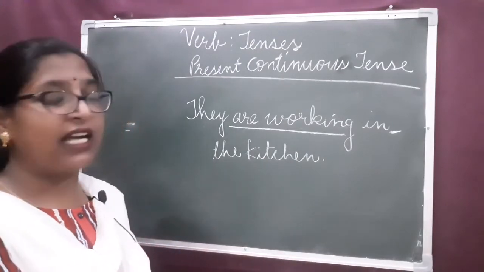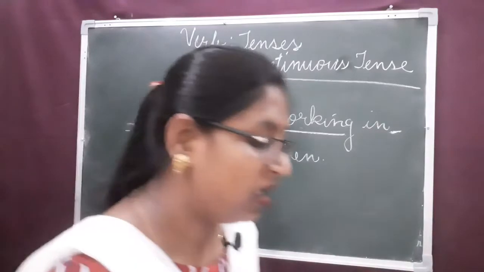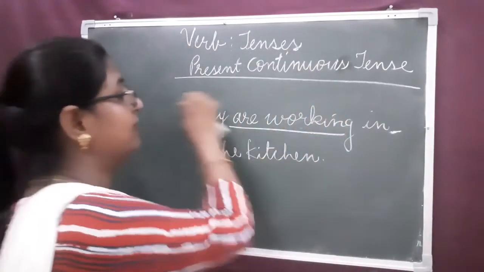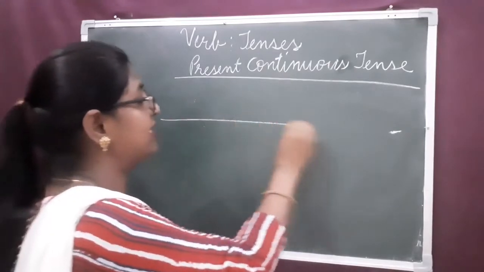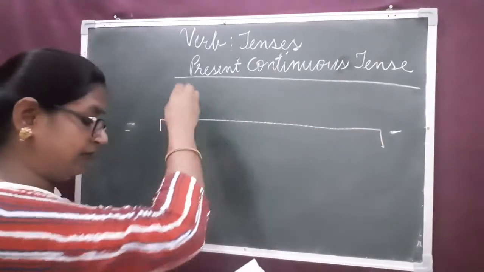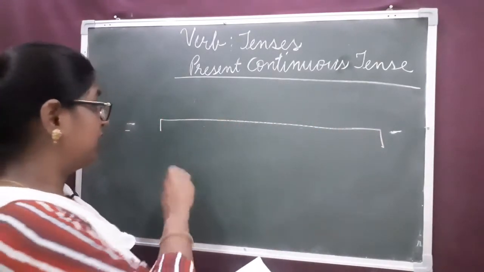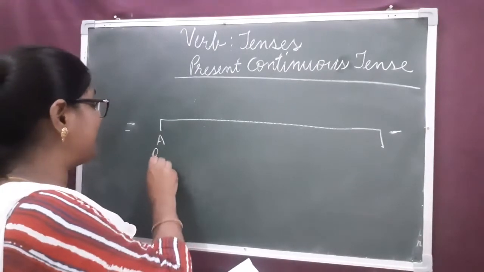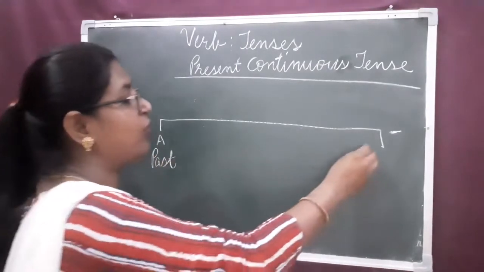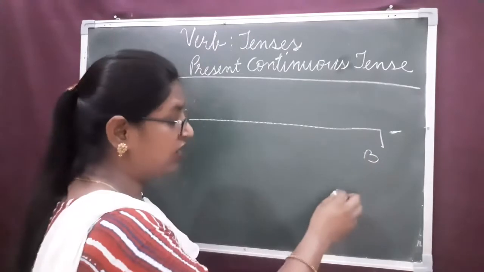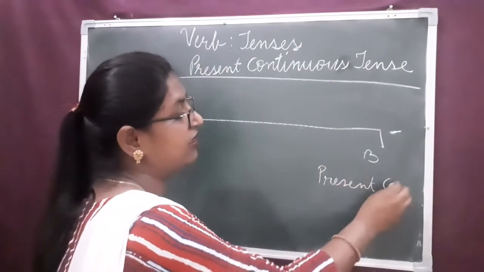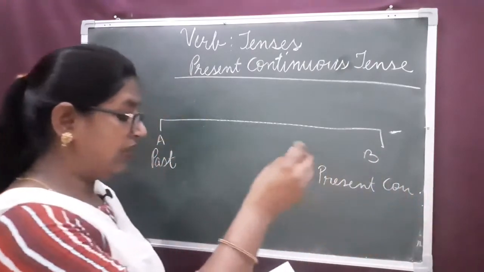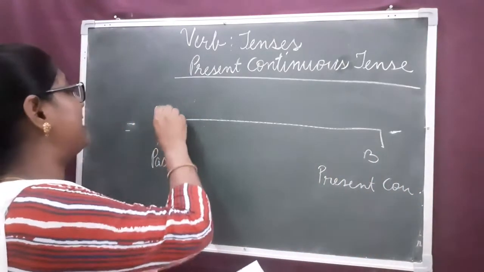So let us understand this through this timeline. Let us make the timeline. A stands for past and the point B stands for the present continuous. Action started in the past.